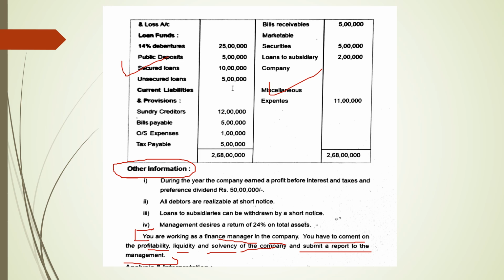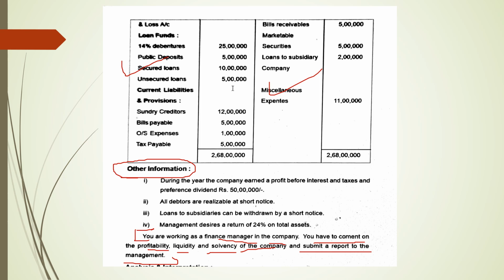In the identification of problem you just write that it is necessary to measure the performance of the finance department, so the profitability, liquidity and solvency of the company we have to calculate first, and then we have to prepare a report so that we can say what the position of the company is.